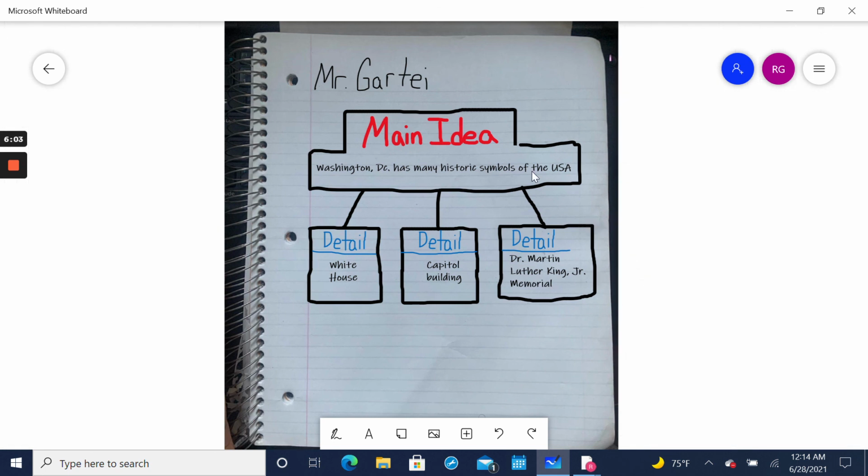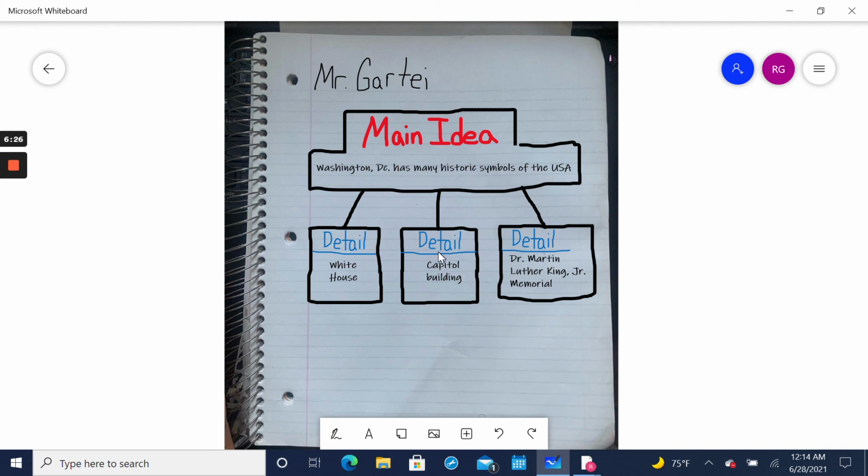And so now that we have filled in our chart, our graphic organizer, we have a very clear and easy way to remember what the story was all about. It was about Anna visiting Washington, D.C., and Washington, D.C. has many historic symbols.